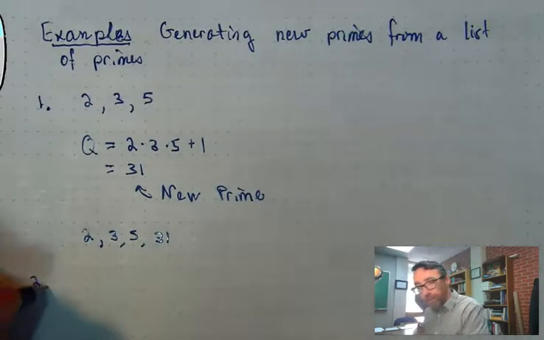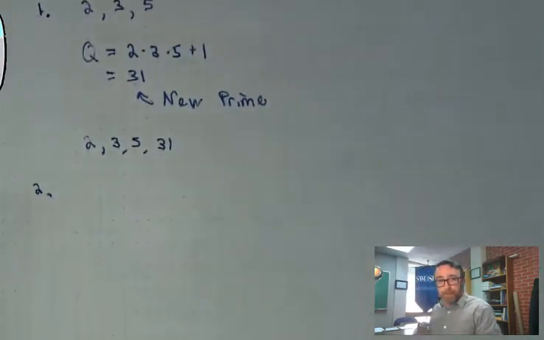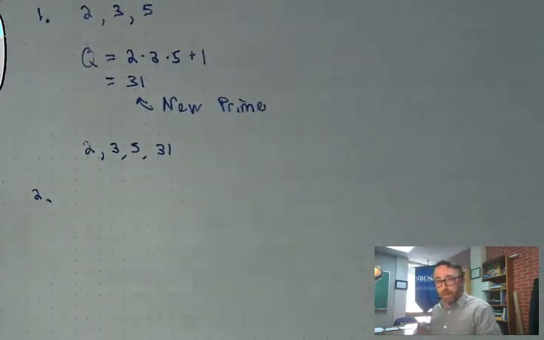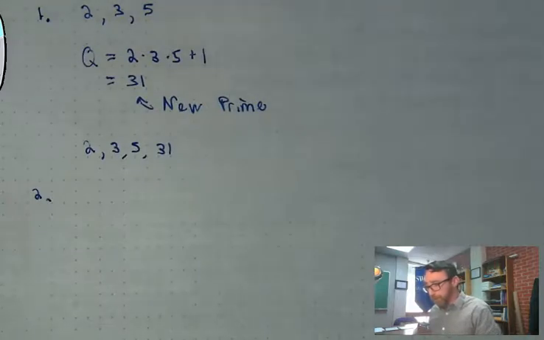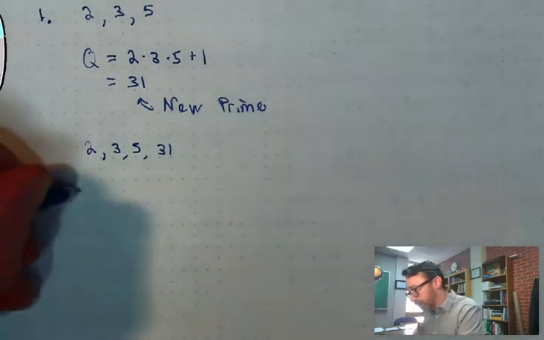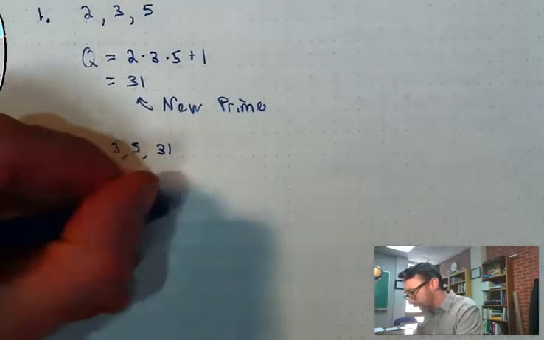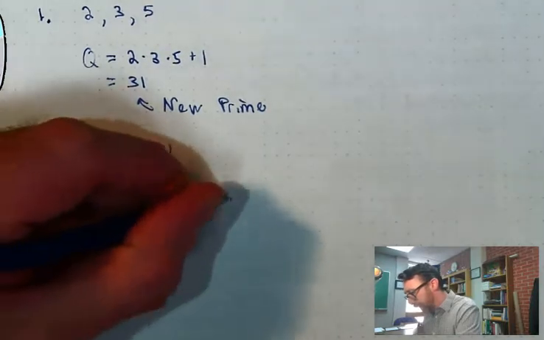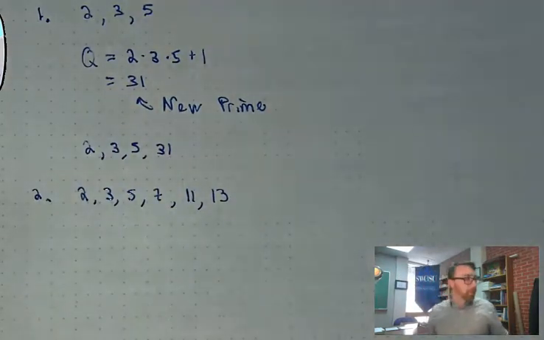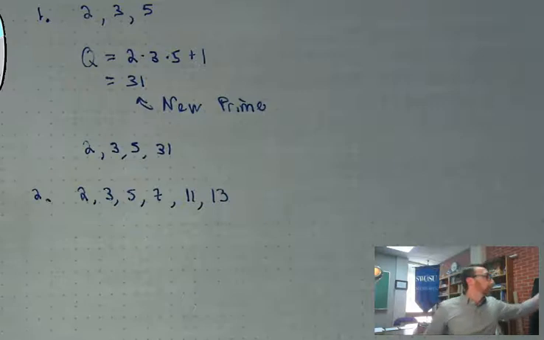Okay, let's suppose we had a list that's a little bit longer. Let's go with 2, 3, 5, 7, 11, and 13. Let's say those are the primes that we know. Those are all the primes that we have.